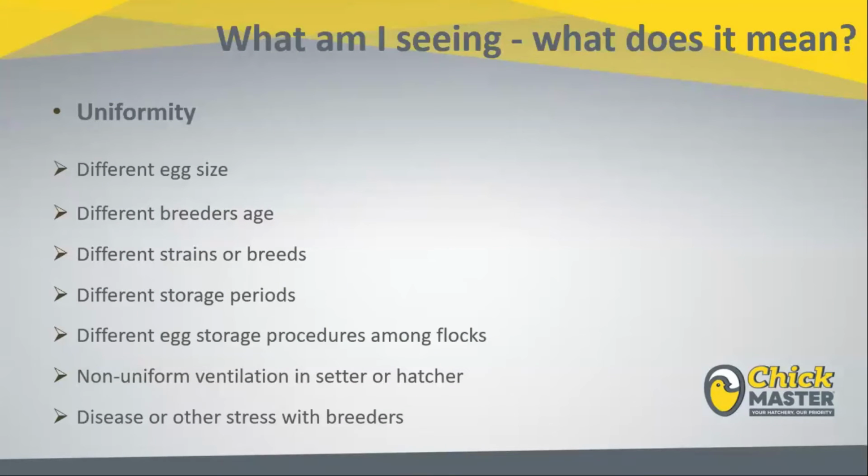Concerning the uniformity, if we have low uniformity, as we said, the chick weight is correlated to the egg size.